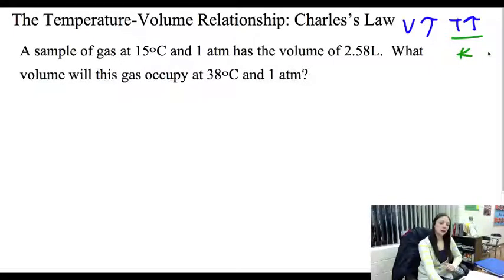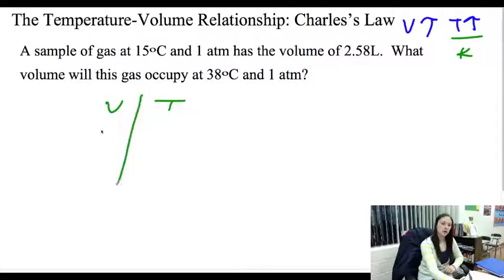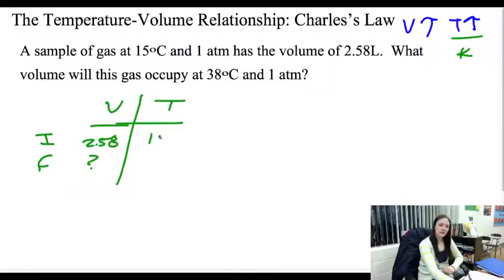A sample of gas at 15 degrees Celsius and 1 atmosphere has a volume of 2.58 liters. What volume will this gas occupy at 38 degrees Celsius and 1 atmosphere? Again, set up your table: volume, temperature, initially and finally. Initially I have a volume of 2.58 liters. I don't know what my final is. Initially I have a temperature of 15 degrees Celsius and I end up at 38 degrees Celsius, but these have to be in Kelvin.